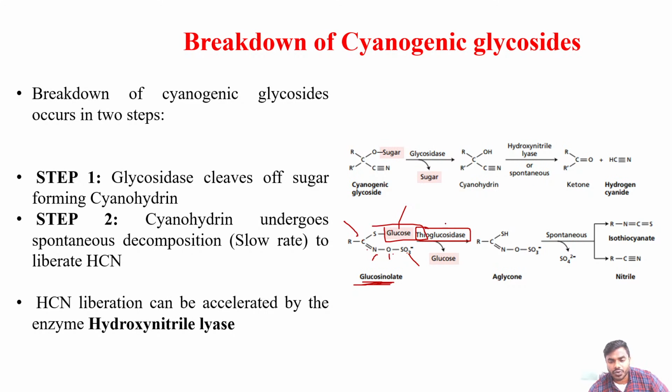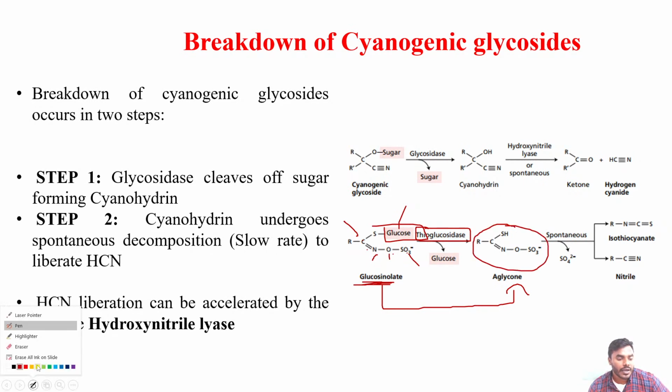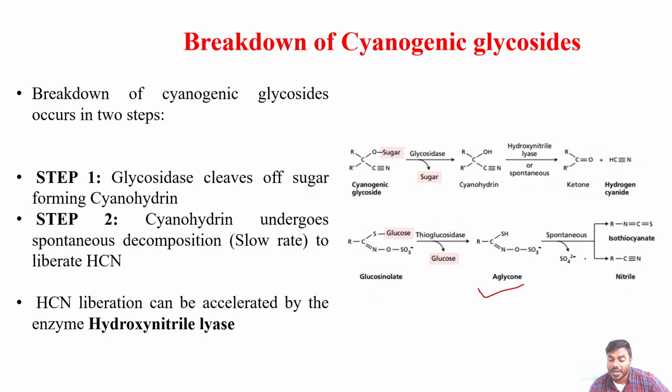Upon cleaving the sugar, glucosinolate is converted into aglycone. Every student follow me. Glucosinolate is converted into aglycone. Now the aglycone once again undergoes spontaneous decomposition, giving rise to isothiocyanate and nitrile. No need to remember the structure, just understand what it contains.